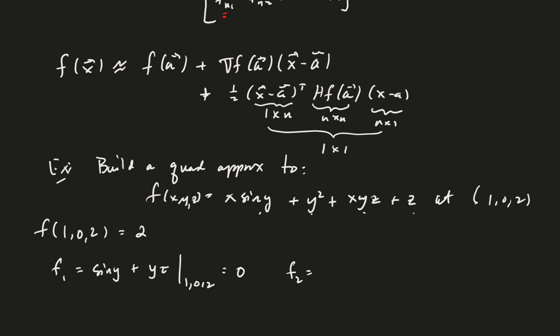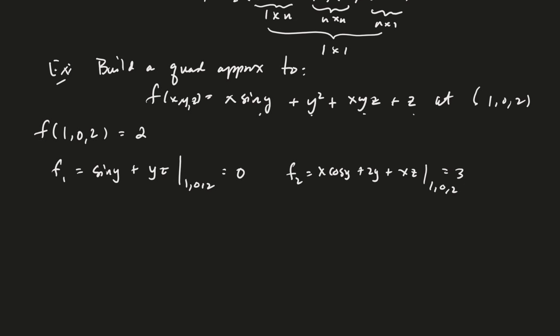F sub 2 is the derivative with respect to y, so x cosine y plus 2y plus xz. And again, that's evaluated at 1, 0, 2. And so f sub 2 is equal to 3, I think. You'll have to double check me on that.